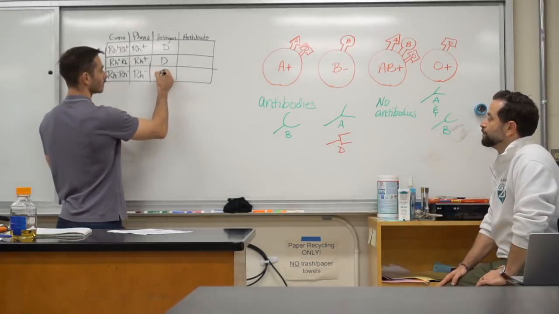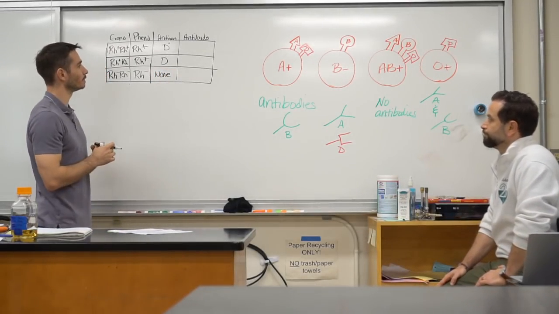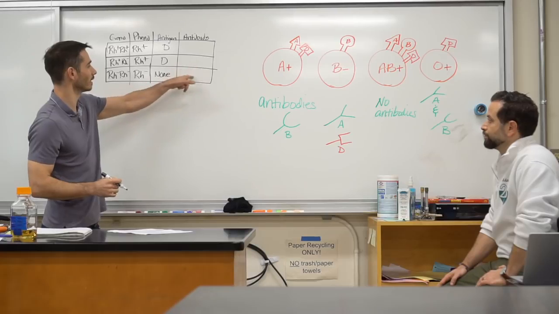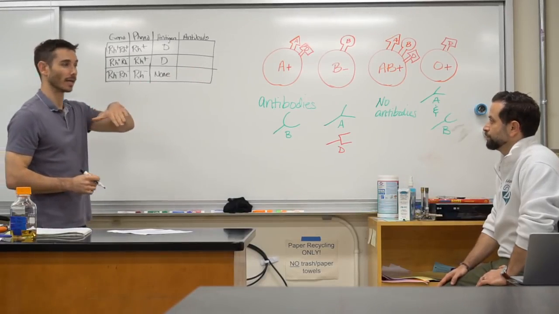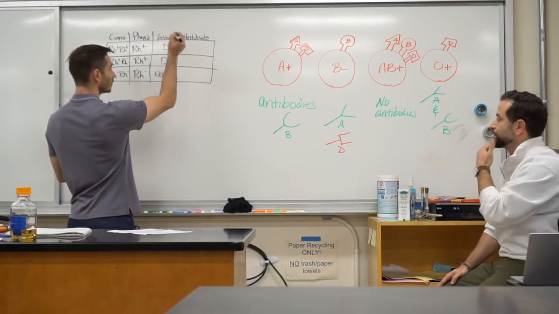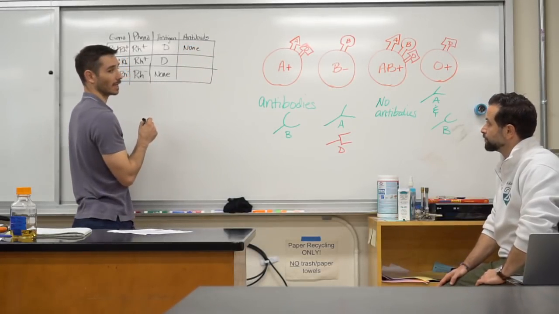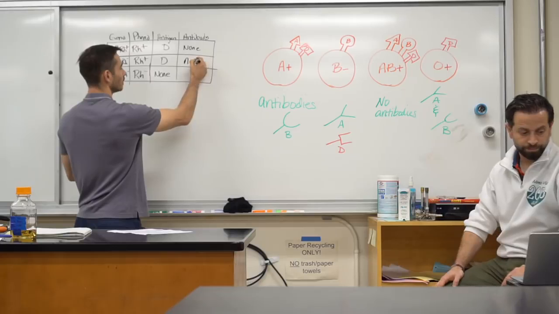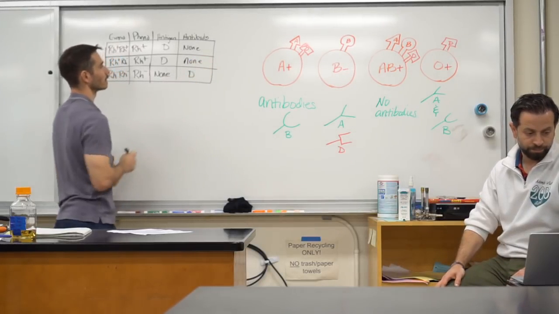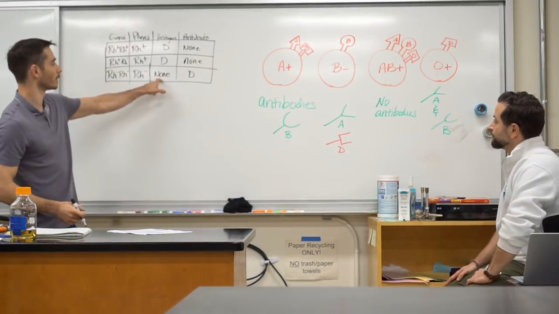Antigen, none. So it does not have the D antigen. Antibodies is going to be the opposite of the antigen. So if I have the D antigen, I cannot have the D antibody. So both of these should be none. Here, I have the D antibody.